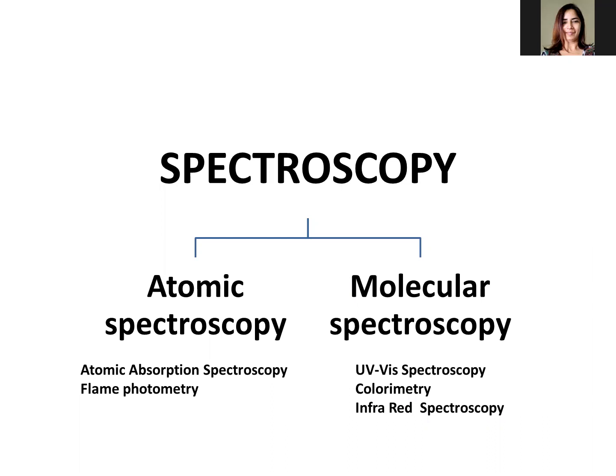For example, atomic absorption spectroscopy, flame photometry, whereas molecular spectroscopy covers changes in which the changes in energy take place at molecular level. For example, UV visible spectroscopy, colorimetry, infrared spectroscopy, and so on.